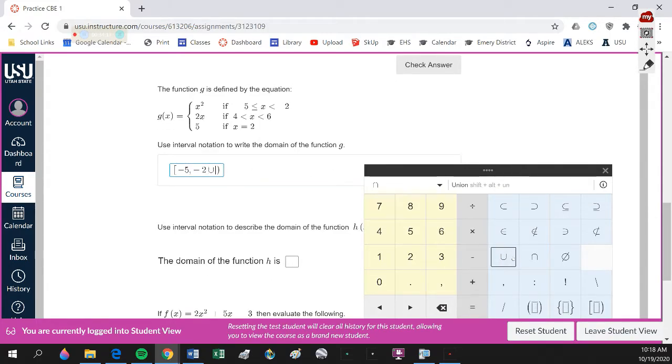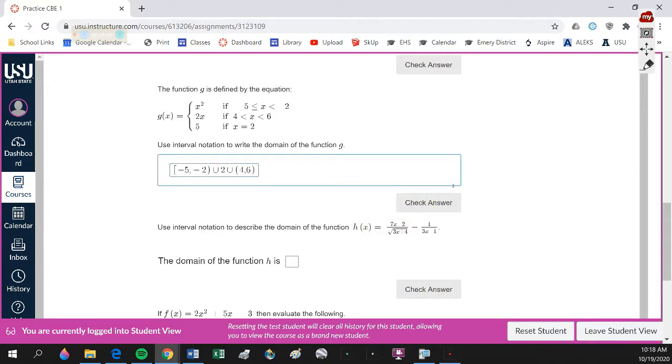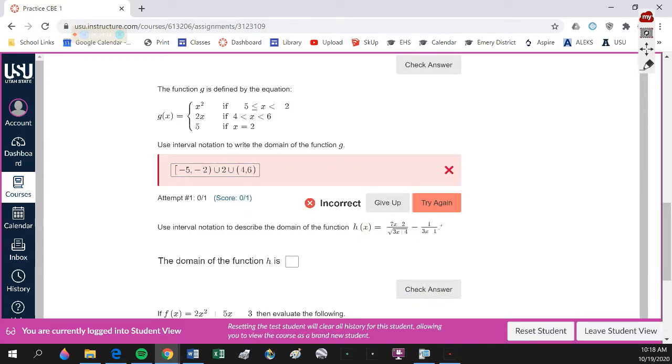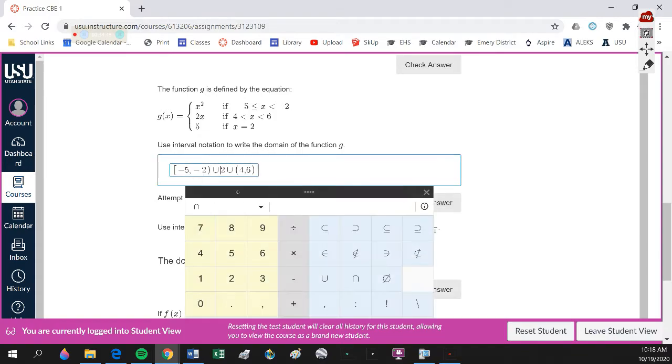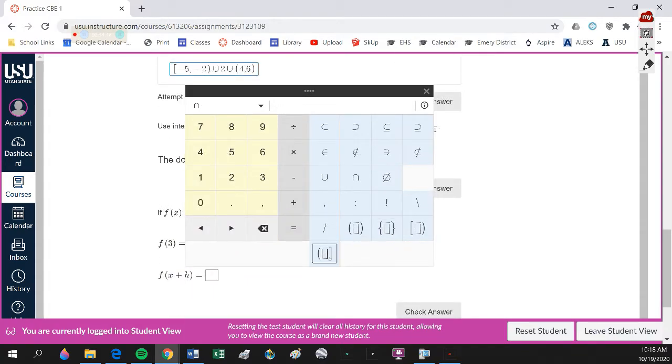Okay, so there is a union symbol. Union. My guess is just 2. Union. And then this one. 4 to 6. Try again. So maybe I don't see a double bracket.